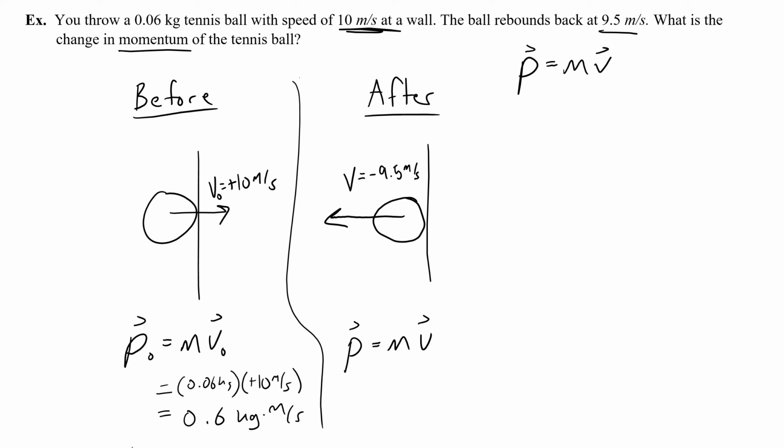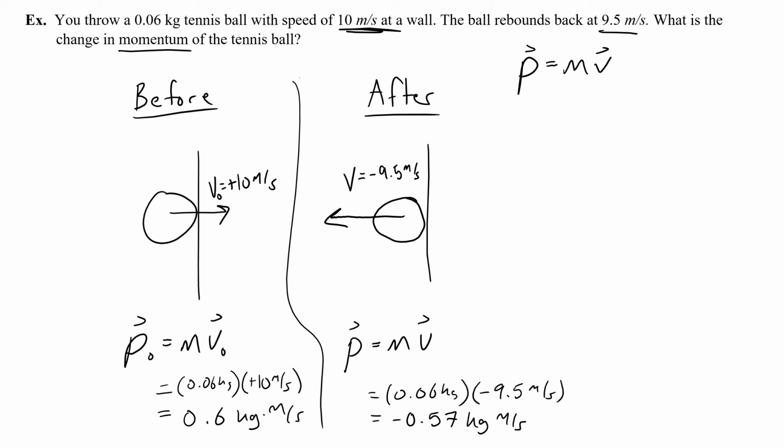The final momentum is going to be 0.06 kilograms times negative 9.5 meters per second, or negative 0.57 kilogram meters per second. Okay, so we've calculated the momentums, and remember, these momentums have directions.